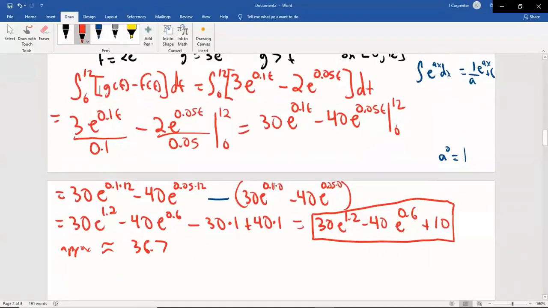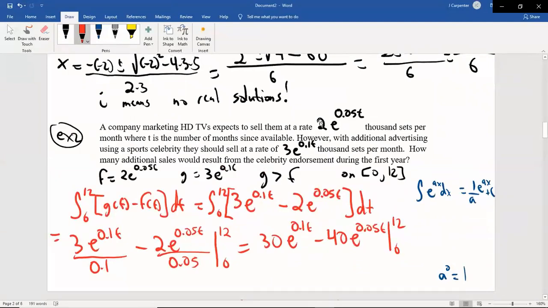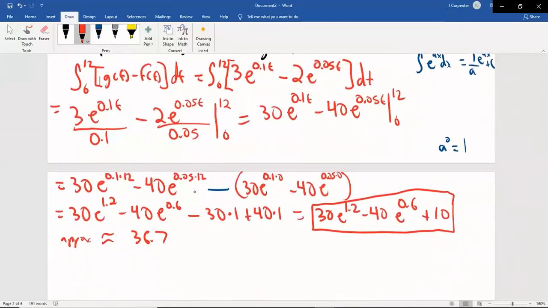Now remember, these were measured in thousands of sets per month, so integrating over months just gives us thousands of sets. So this would be 36.7 thousand sets, but not over 1 month, because we did this from 0 to 12, so that was 12 months in 1 year.